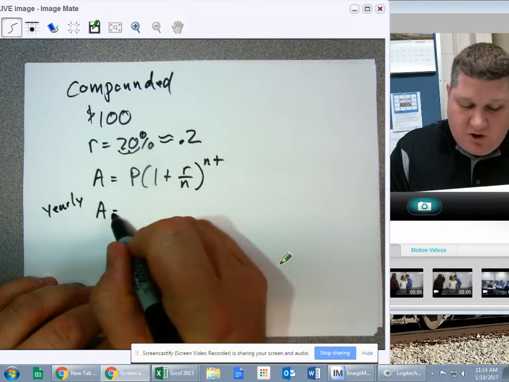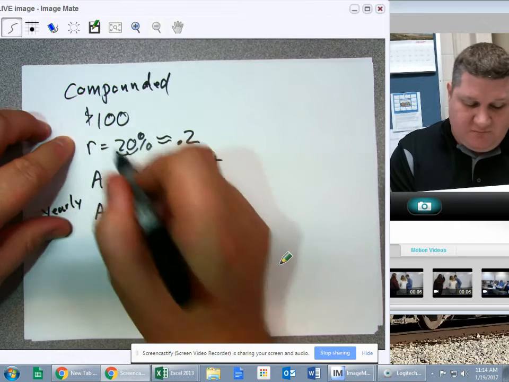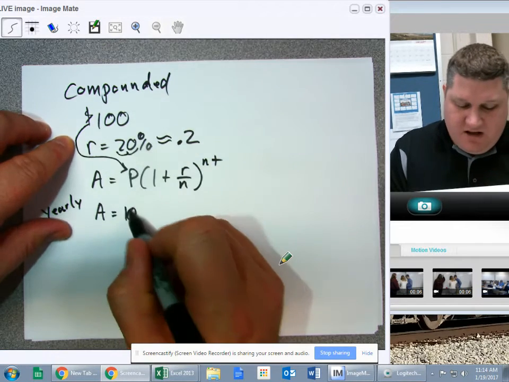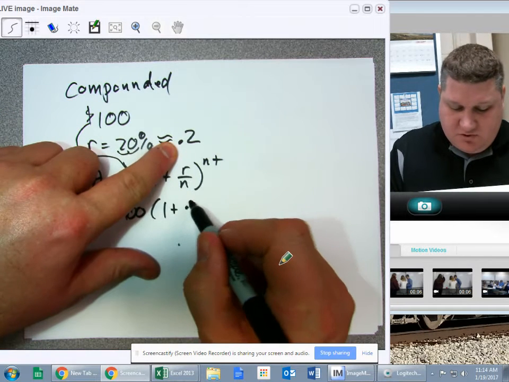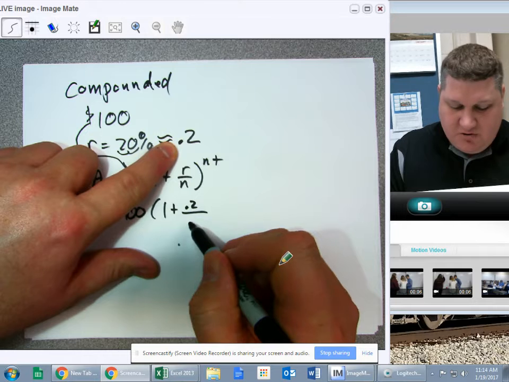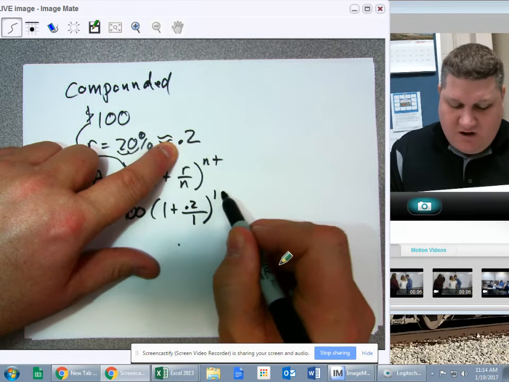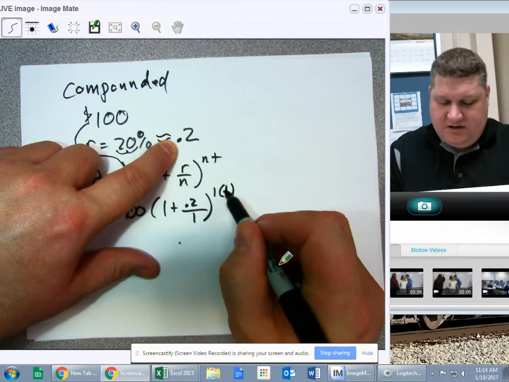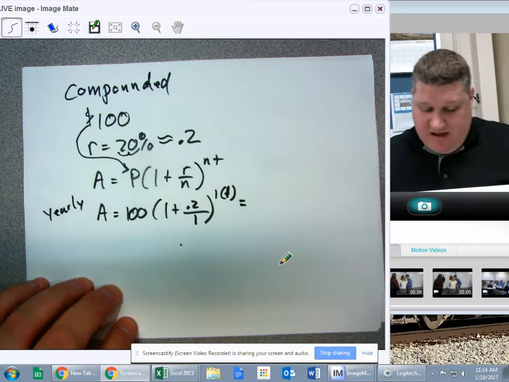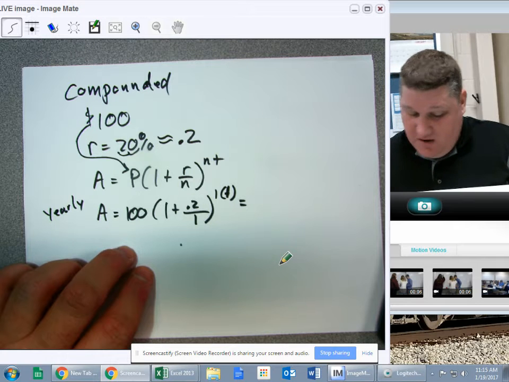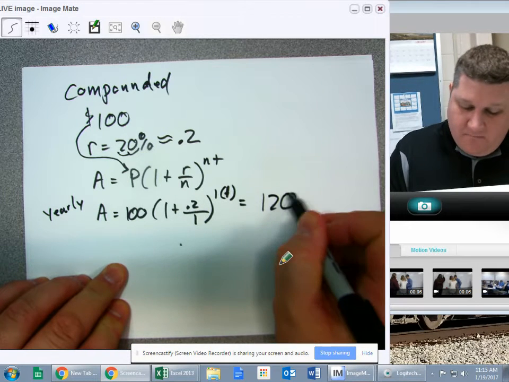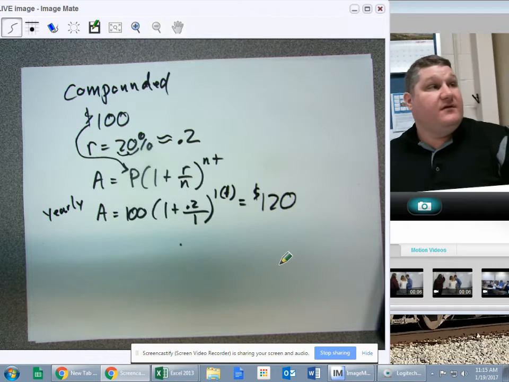So the amount you owe is the principal, P is for principal, $100, times 1 plus, what's my percentage? 20%, 0.2, over once, one time in one year. That gives me 100 times 1.2 raised to the 1. The answer is, at the end of the year, I'm going to owe $120.